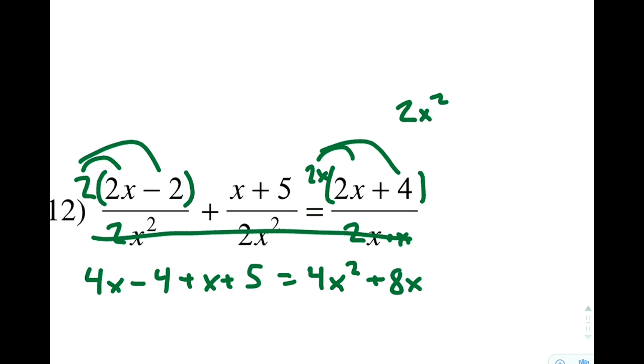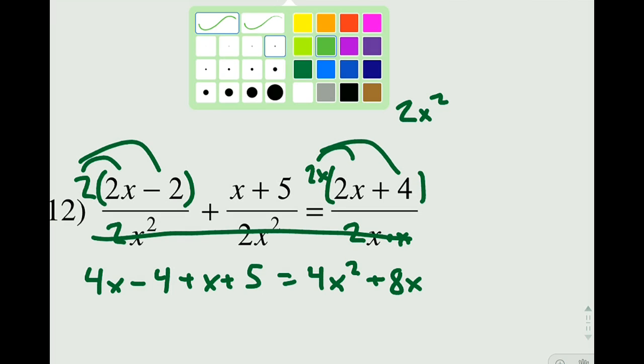And now we need to start combining things together. Whenever we have a squared term and it doesn't look like it's going to cancel out, we want to, instead of getting x on one side and numbers on the other, we want to get everything on the same side. So in my case, I'm going to say let's get everything to the right side of the equation.